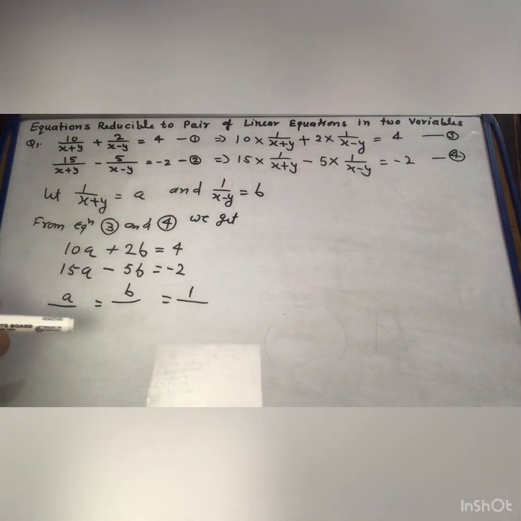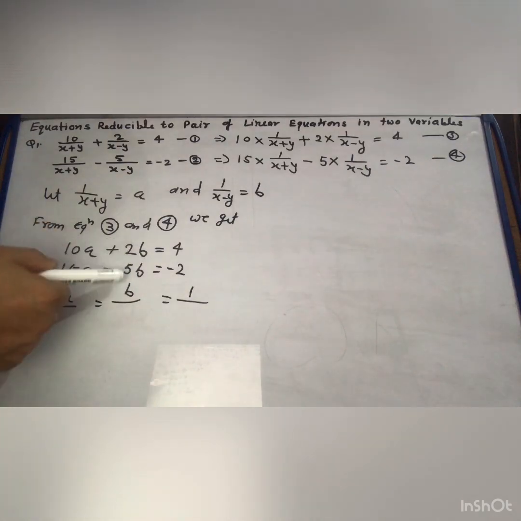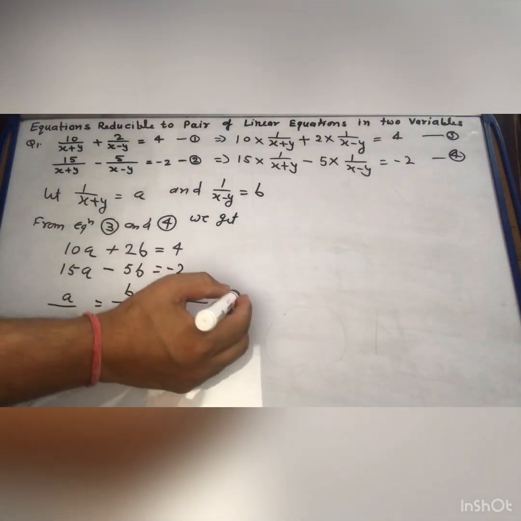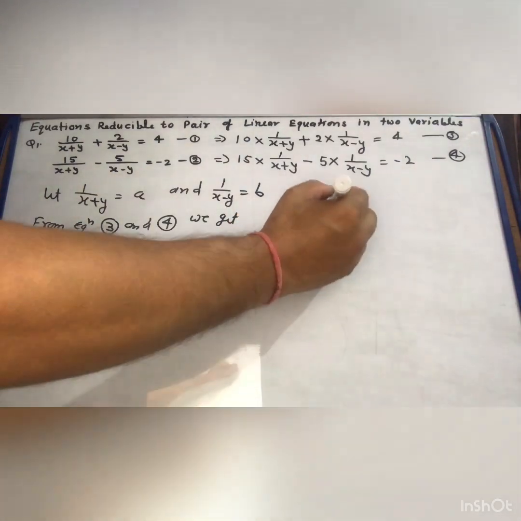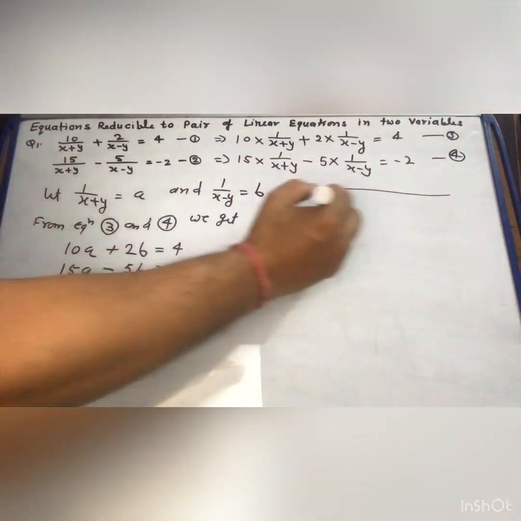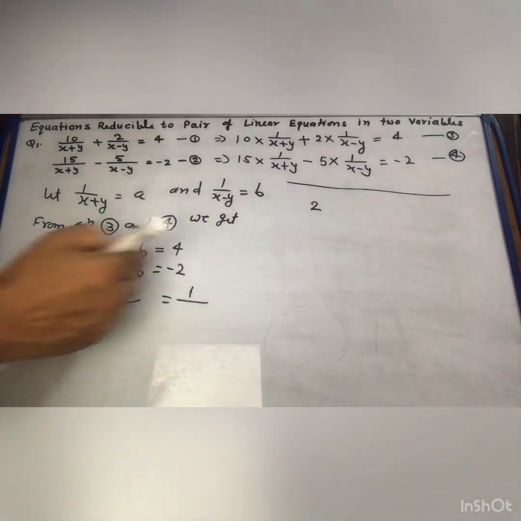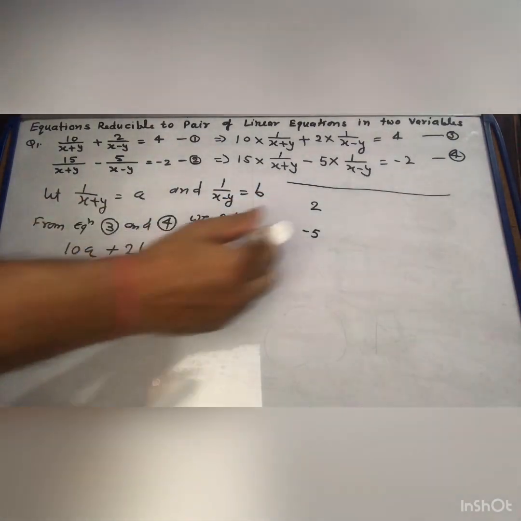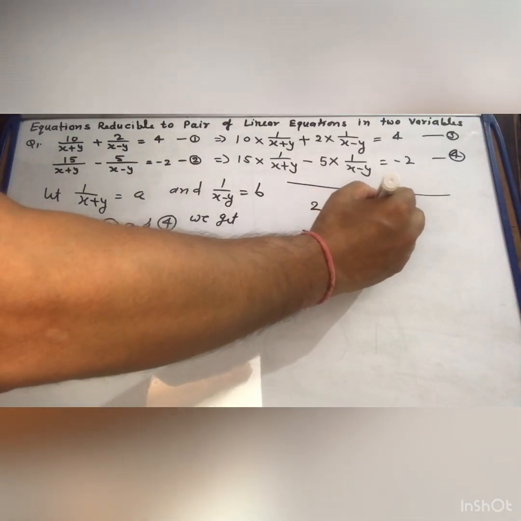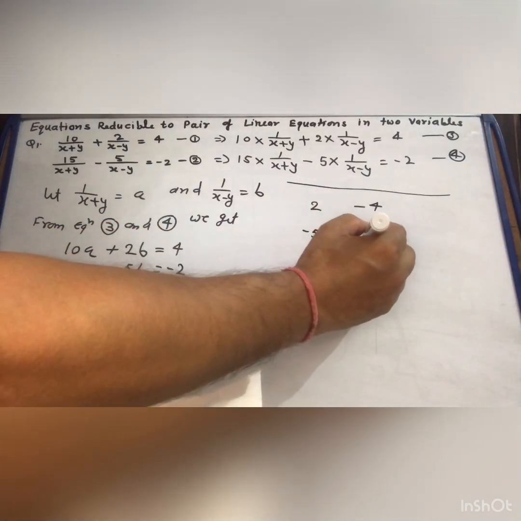Now you have already learned about the cross multiplication method: first of all you write the coefficient of b with sign, that is 2 and minus 5. After that the constant terms, minus 4 and plus 2.